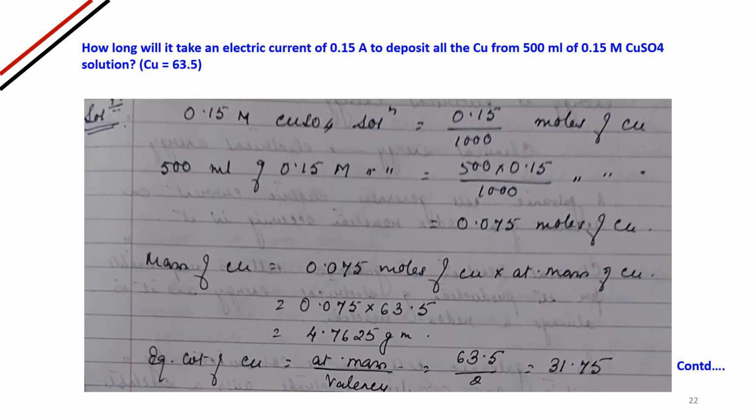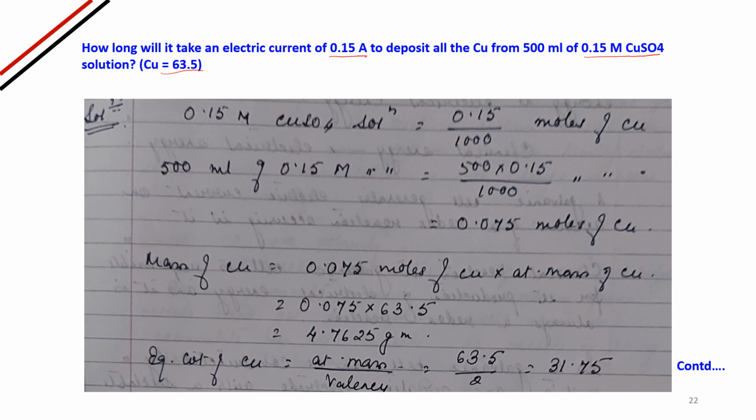Next question: how long will it take an electric current of 0.15 ampere to deposit all the copper from 500 ml of 0.15 molar CuSO4 solution, when copper's atomic mass is 63.5?